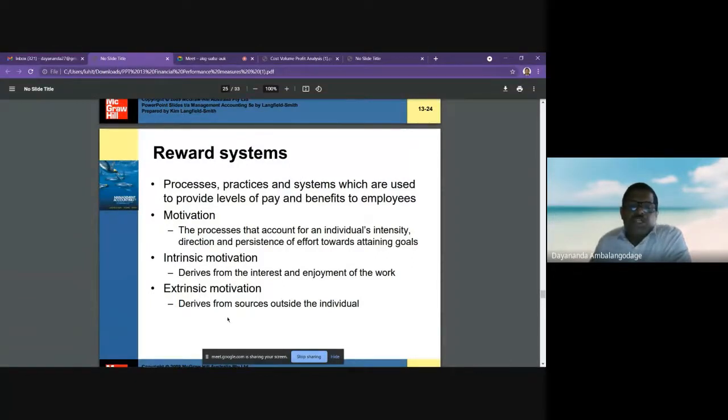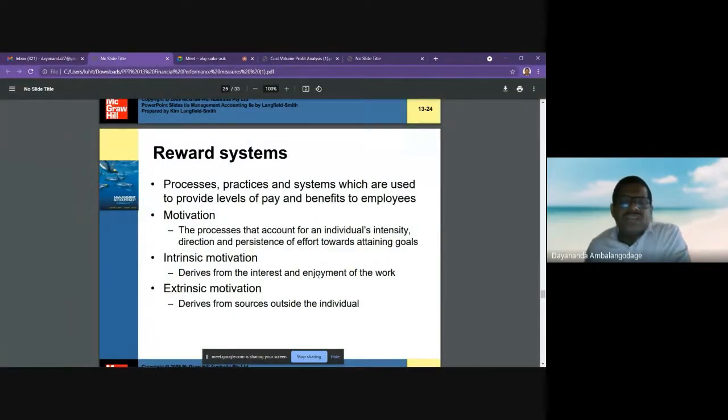Extrinsic motivation means it's derived from sources outside the individual. For example, by giving salary, of course you can motivate people. By giving promotion, by recognizing people's work performance, by appreciating employees' work, by encouraging them, by giving freedom, we can do the intrinsic motivation.